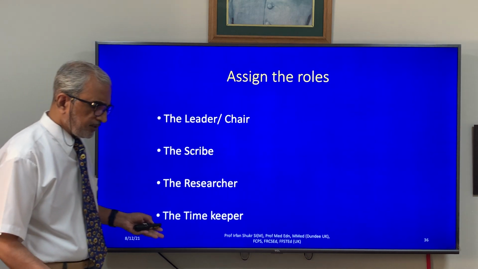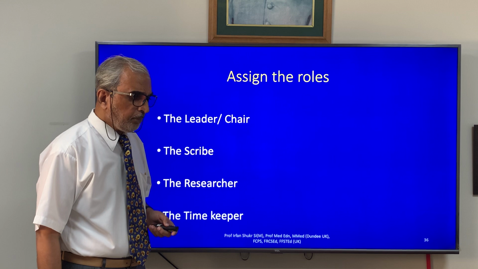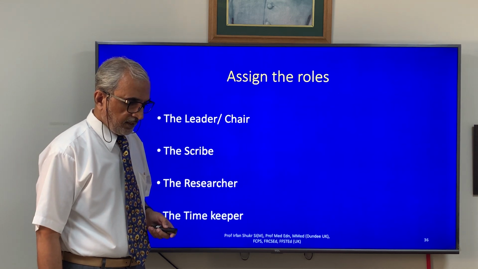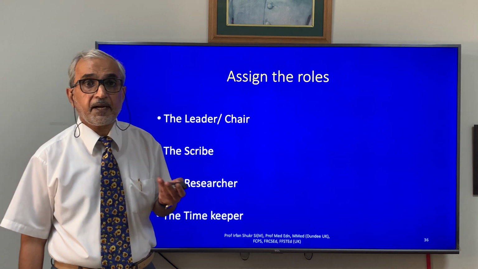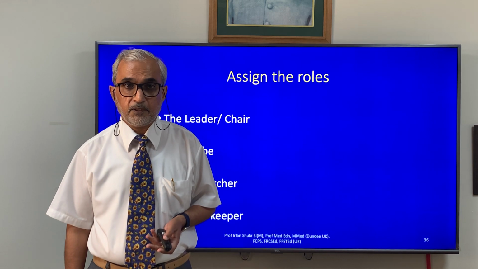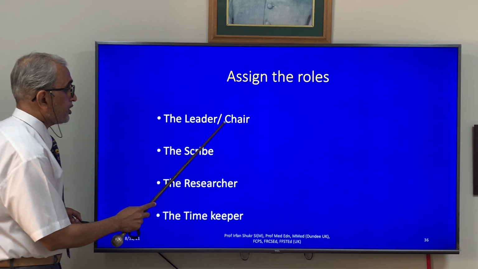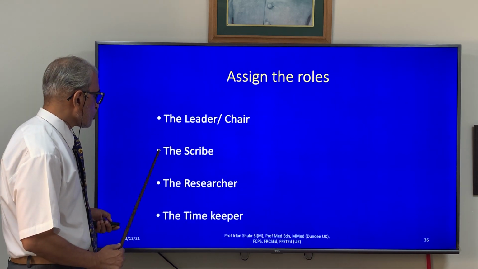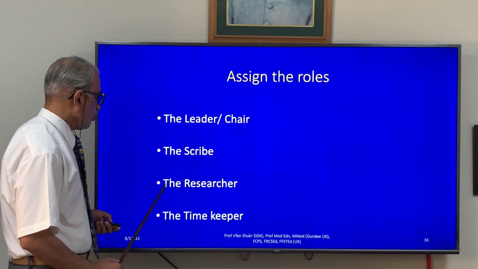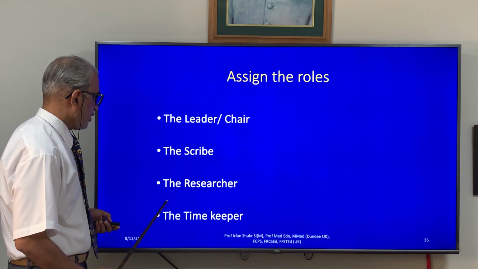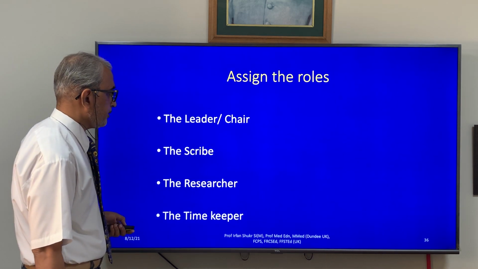Once the ground rules are set, the very important next step is that the students have to be assigned roles. So the facilitator asks the students who wants to become the leader or chair of the group, who wants to become the scribe, who wants to become the researcher, and who wants to become the timekeeper.